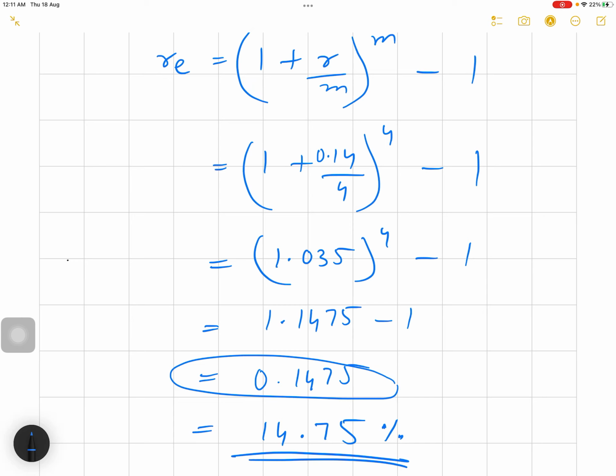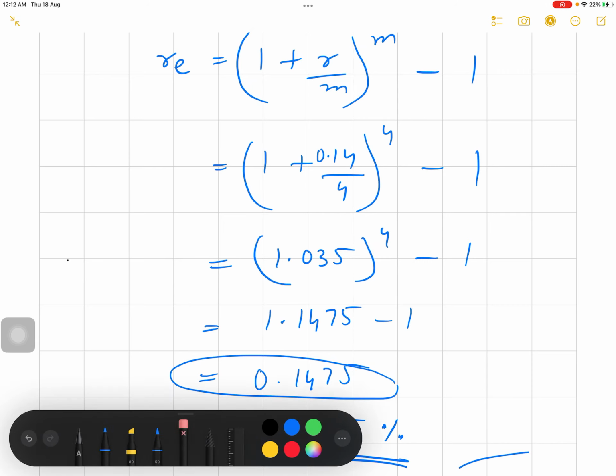Multiply by 100 and you will get it in percentage. So 14.75%.